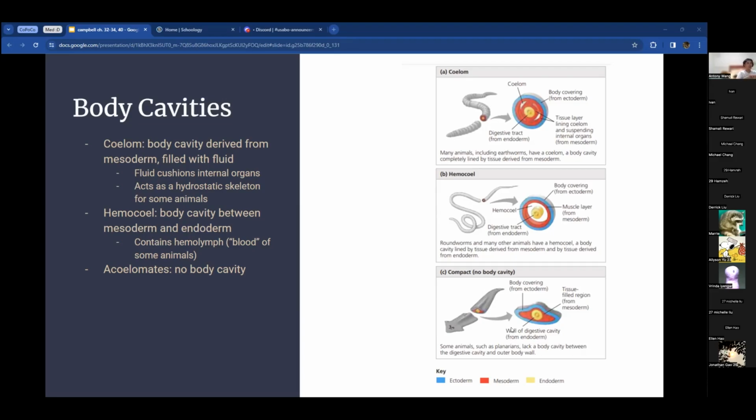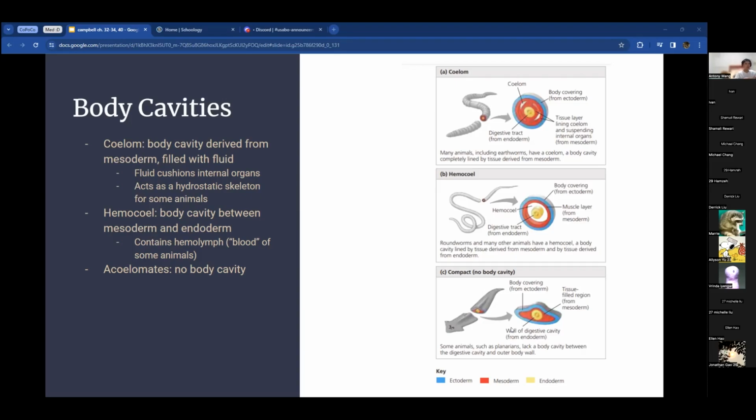Anyways, where was I? We have separate circulatory and interstitial fluids. That means our blood remains within our blood vessels, and our interstitial fluid, which is the fluid that bathes our cells, those two remain separate. Your blood doesn't go and mix around through your somatic cells.